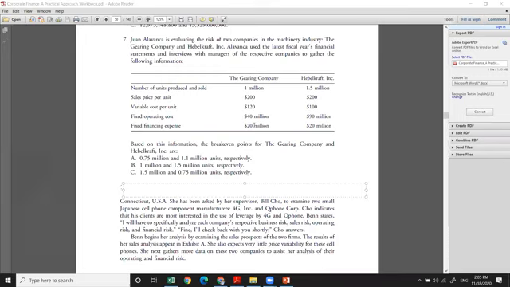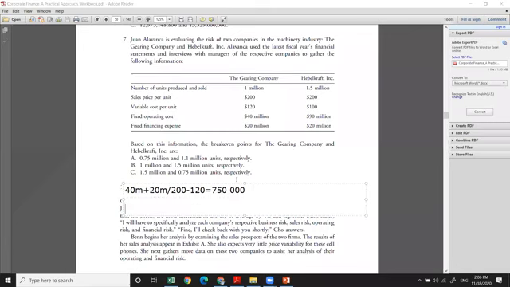So 40 plus 20, in terms of millions, and this all divided by 200 minus 120. That would give me 750,000 break-even units for the first company.